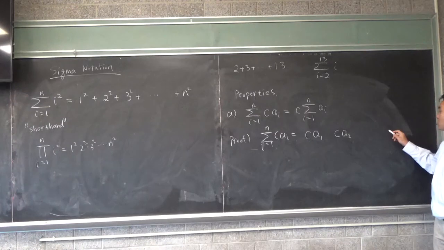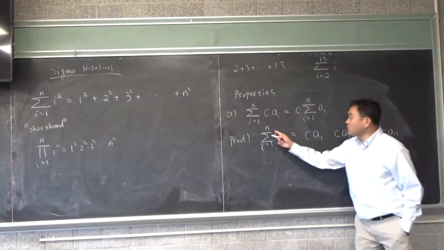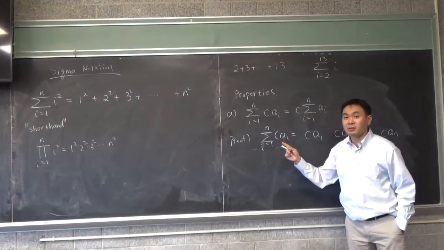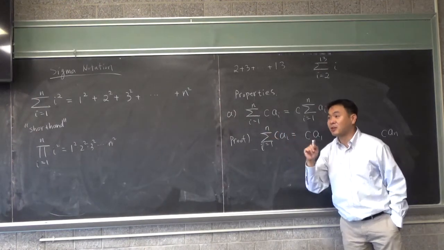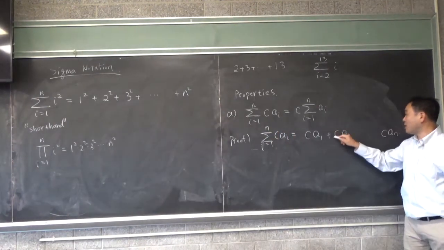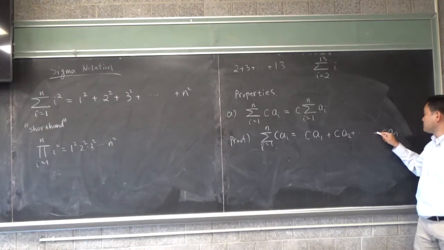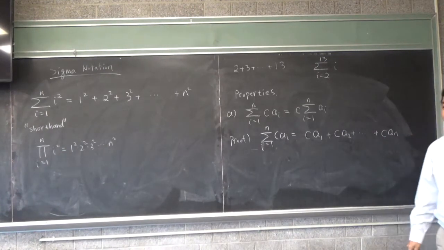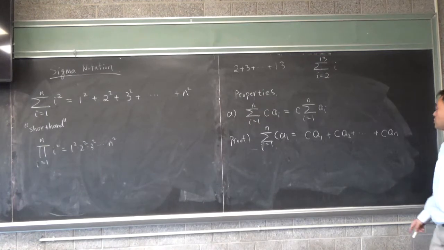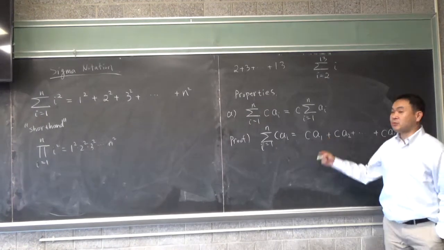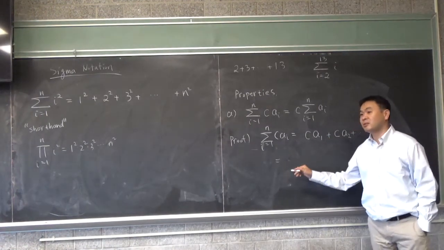So what's the last thing it produces? C, A_n. Now what does this sigma mean? Sigma is for summation, S, right? So you're supposed to add them, right? Okay. Now you see that all of these have C in front. So what can you do? Factor C out.